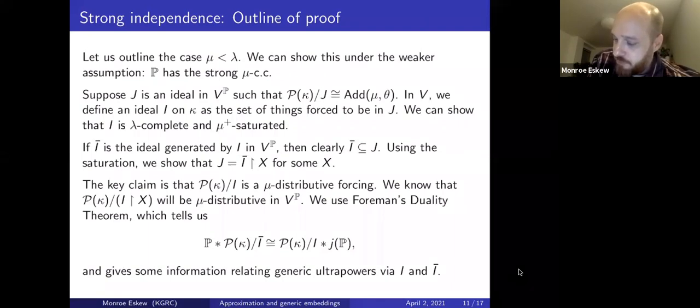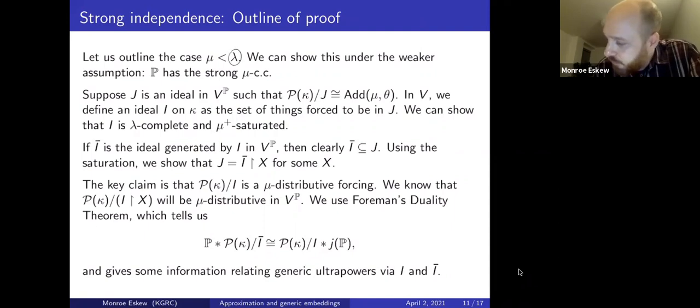I don't know if it's normal or not, it doesn't matter, but it has some completeness lambda. And in V, let's pull it back to an ideal in V. So I is the set of subsets of kappa that are forced to be in J.